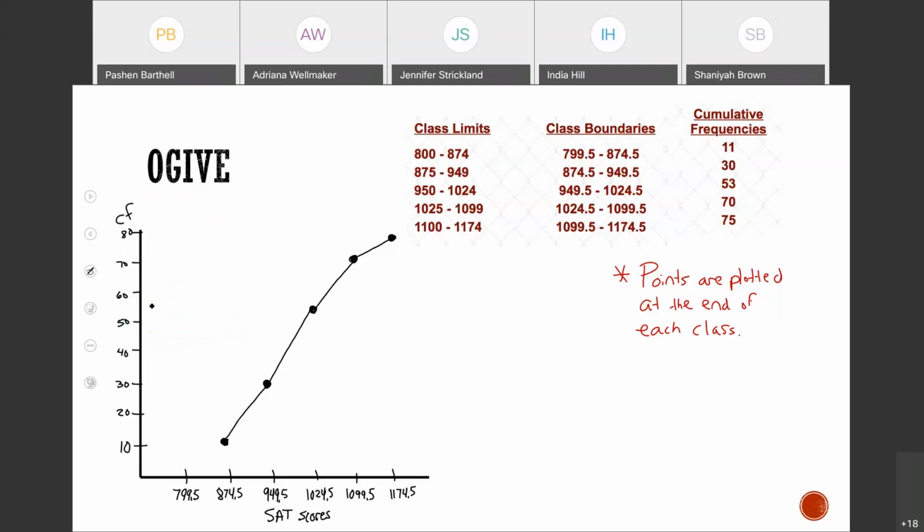All right, so to show that, I'm going to take this and pull it down to the 799.5. I don't do that on the other end because cumulative frequency should never decrease. Okay, cumulative frequency can level off and stay the same, or more likely, these numbers keep getting bigger as you keep adding to it. All right, any questions there?